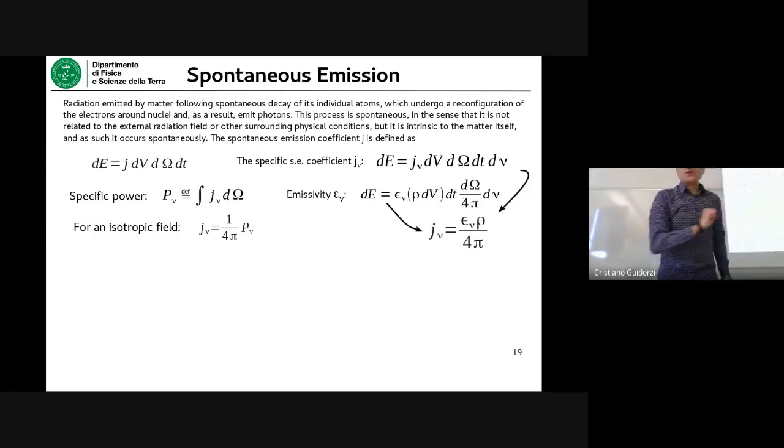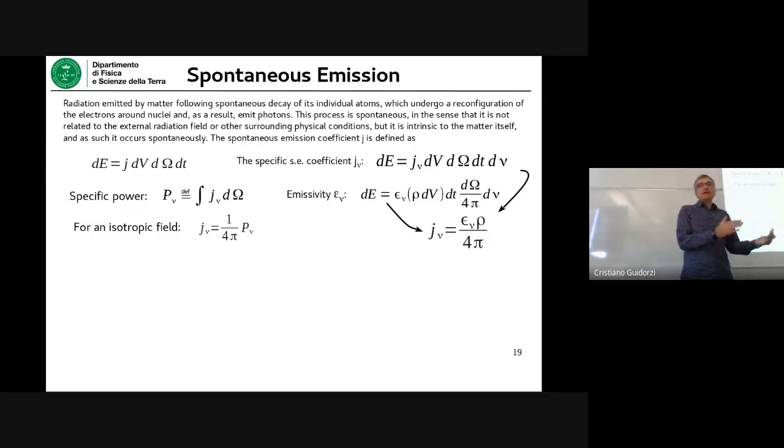And so by equating the two, you see that J nu can be expressed as a function of the emissivity and the matter density, the gas density, inevitably, because emissivity is defined per unit mass. So it's just the emissivity times rho over 4 pi.